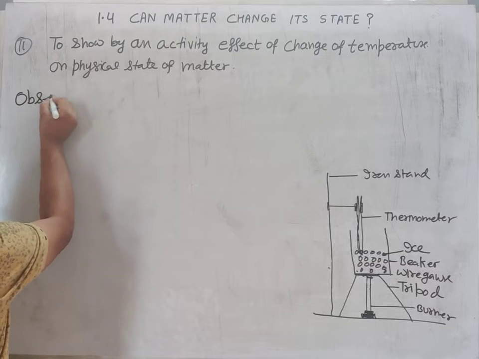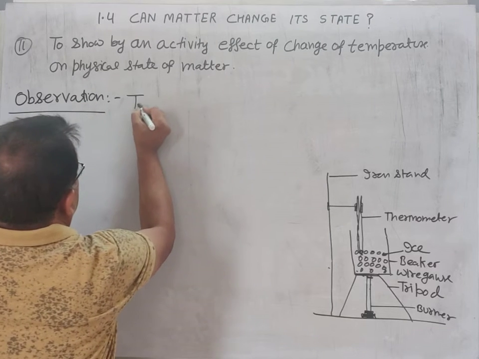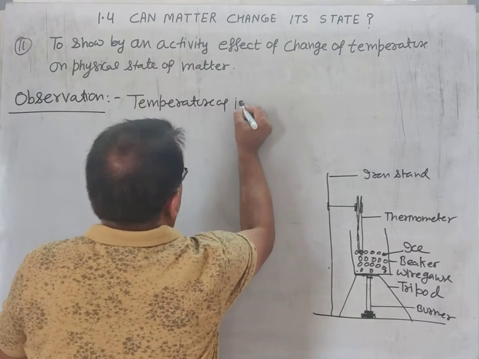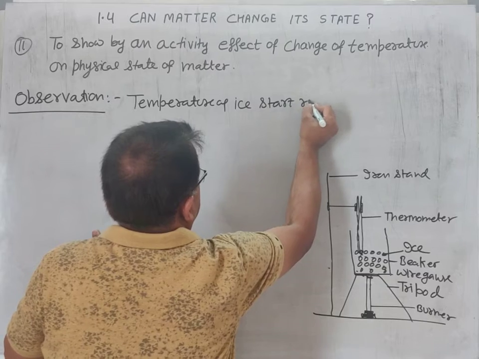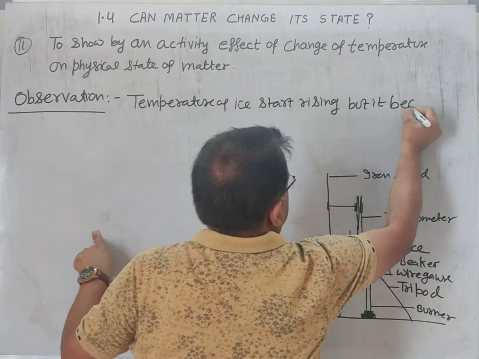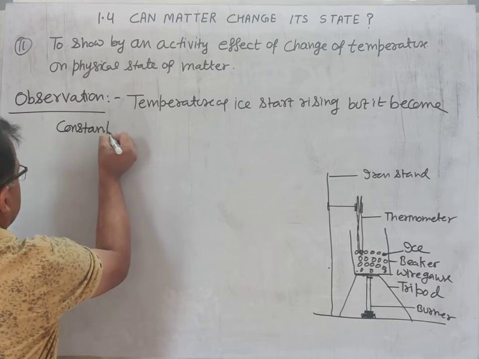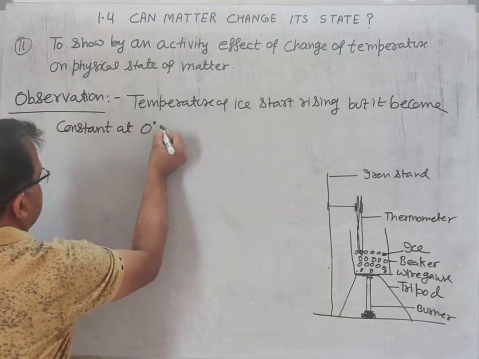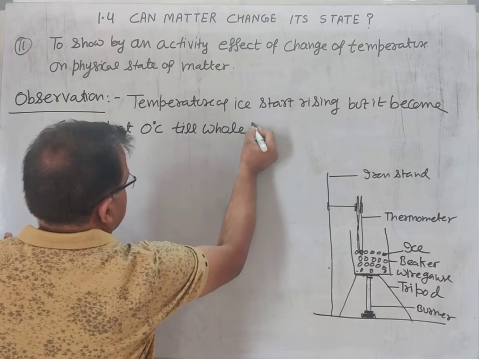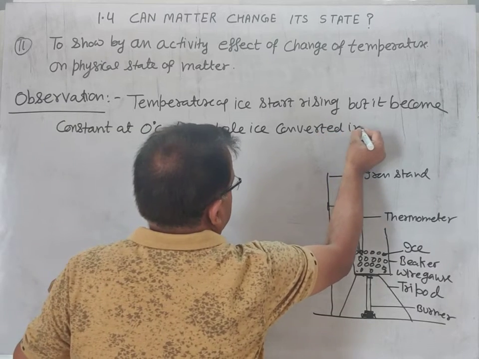Observation. The temperature of ice starts rising, but it becomes constant at 0 degrees Celsius till the whole ice is converted into water.